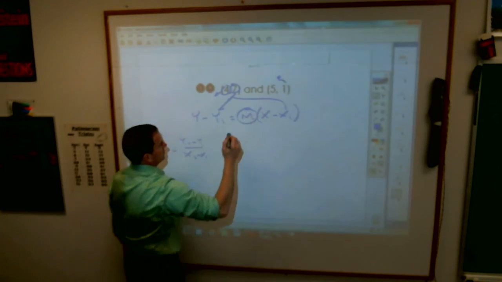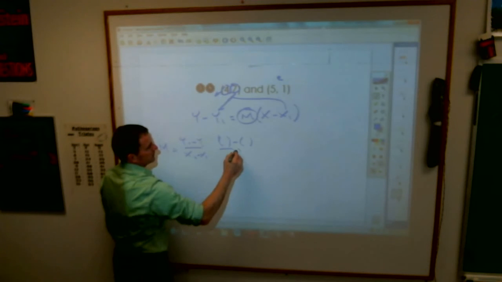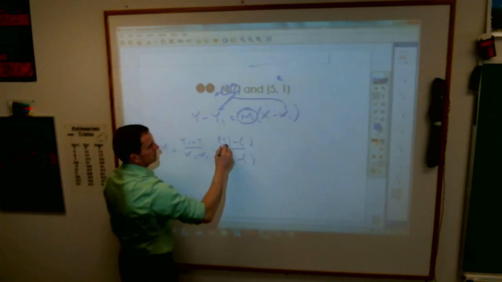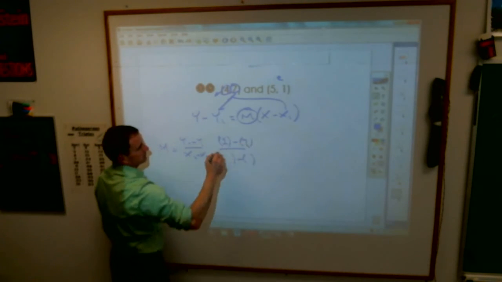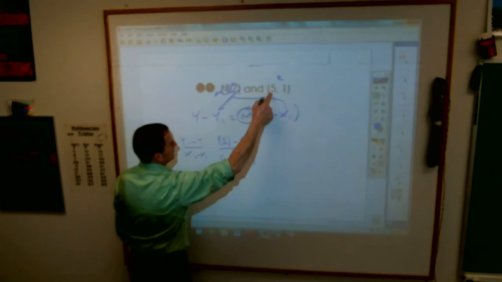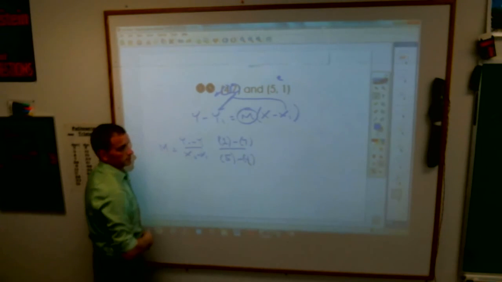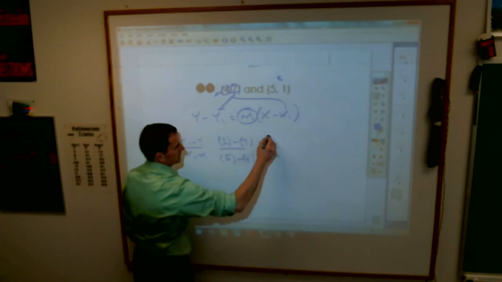Y2, I'll make those the 2's, and 1 on the parentheses. 1 minus 7, is that right? Over 5 minus 4, you end up with -6 over +1, so my slope is -6.